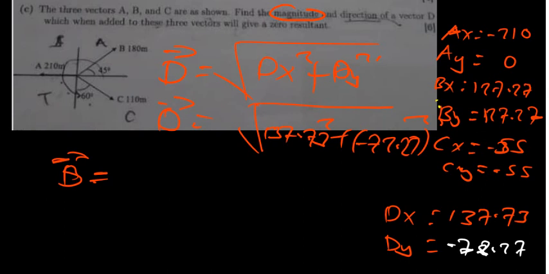I can ignore the negative, it's okay because it will not affect anything. 72.27 squared, I get the square root.